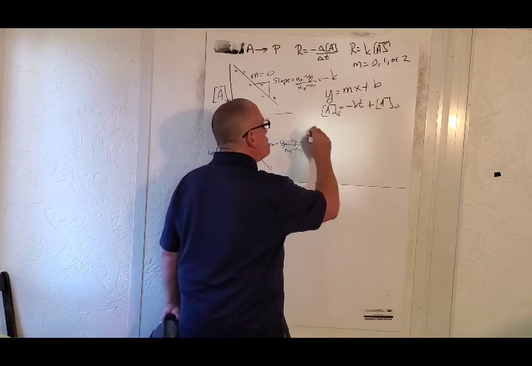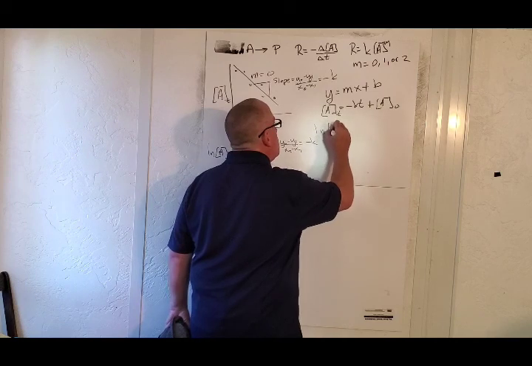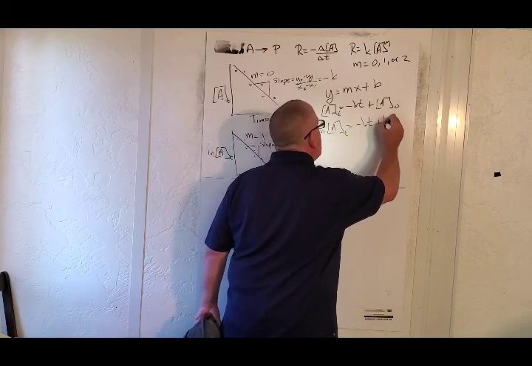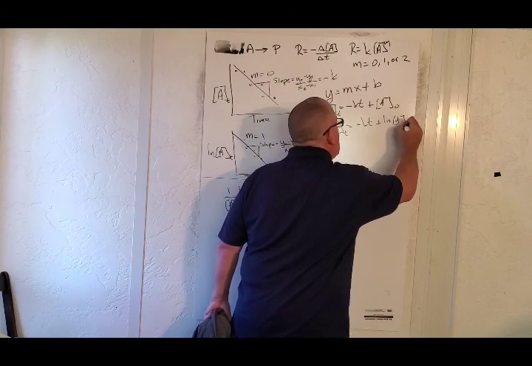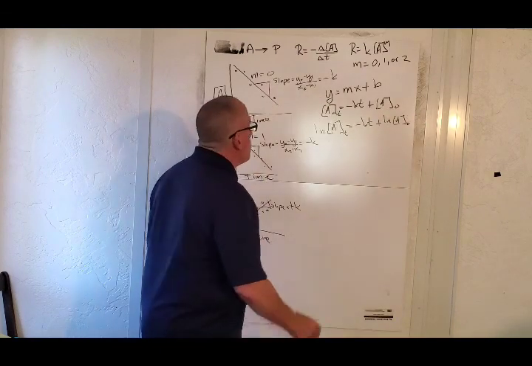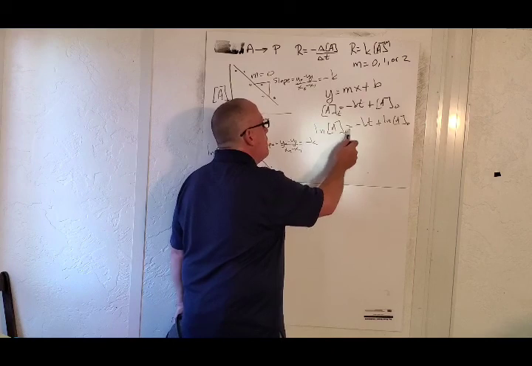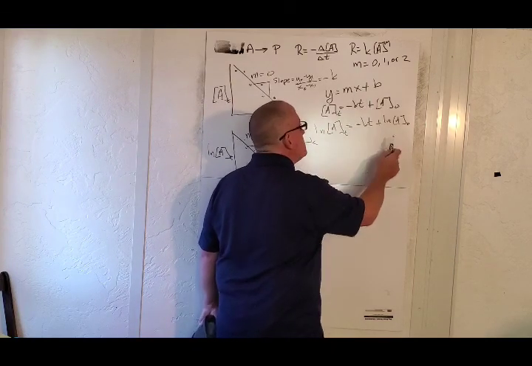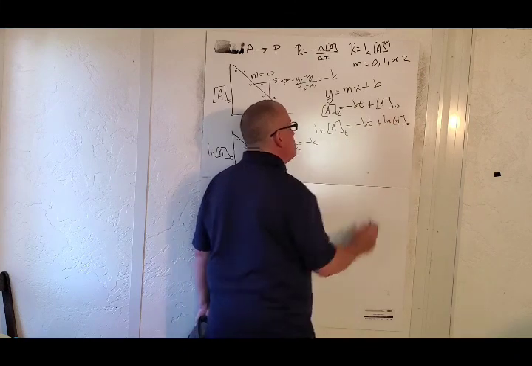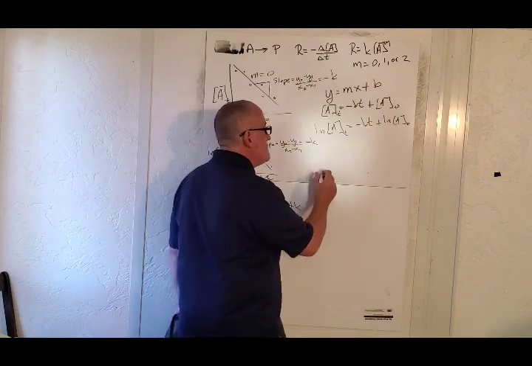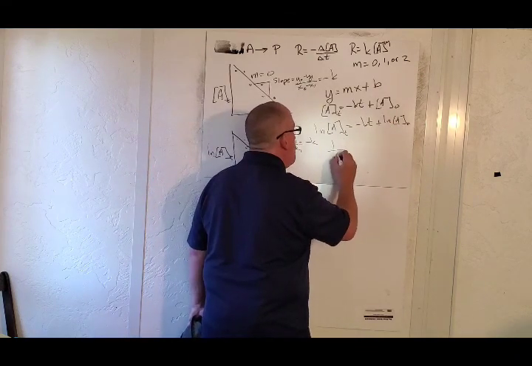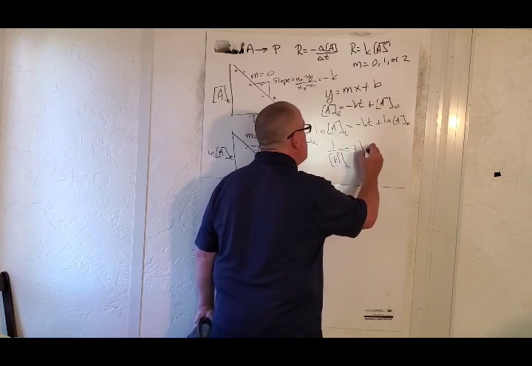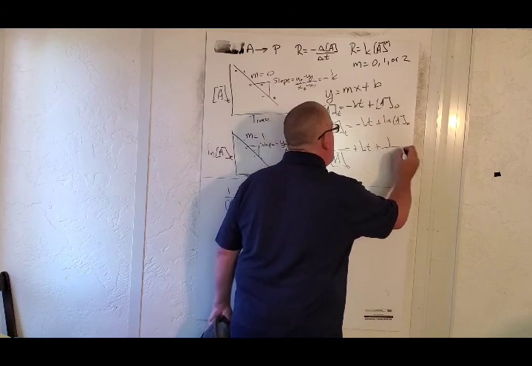If it's first order, natural log of A at t equals minus kt plus natural log of A naught. Y is natural log of A, minus K is m, t is x, and natural log of A naught is the intercept. And if it's second order, 1 over A at t equals positive kt plus 1 over A naught.